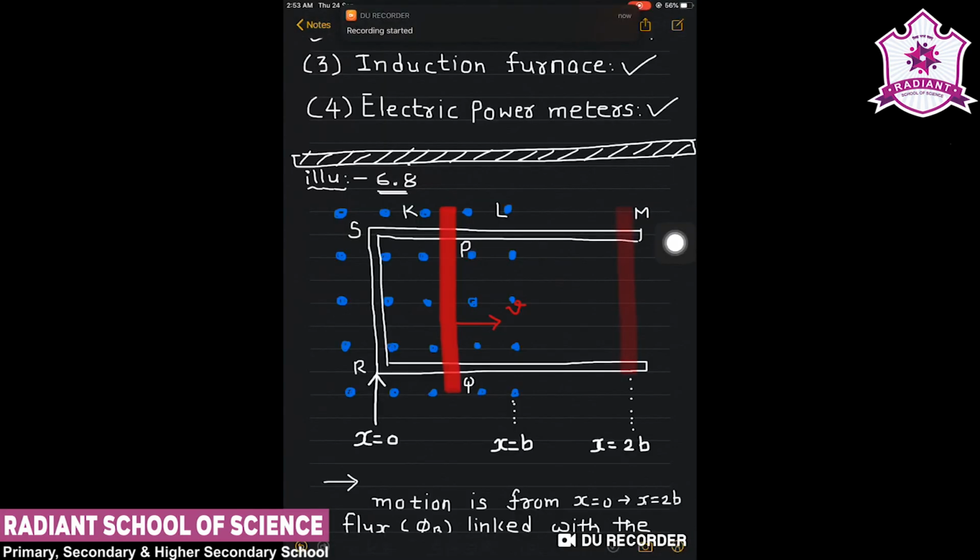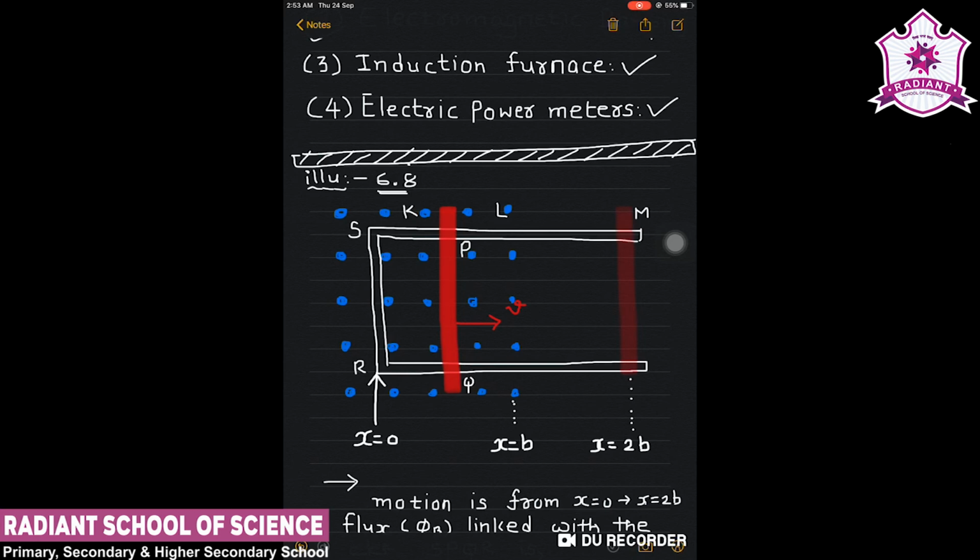Dear friends, now we will see illustration number 6.8. For that we have to follow the figure as shown here. The arm PQ of the rectangular conductor is moved from x equals 0 outwards. The uniform magnetic field is perpendicular to the plane and extends from x equals 0 to x equals b, and it is 0 for x greater than b.